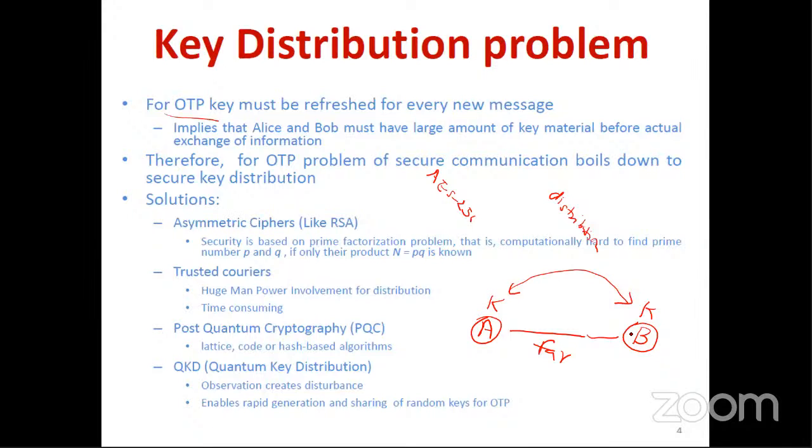So how is it handled? The idea is using an asymmetric cipher like RSA. What are the solutions for this key distribution problem?